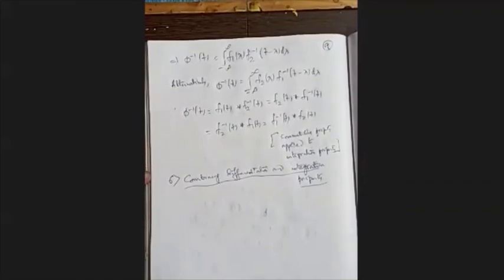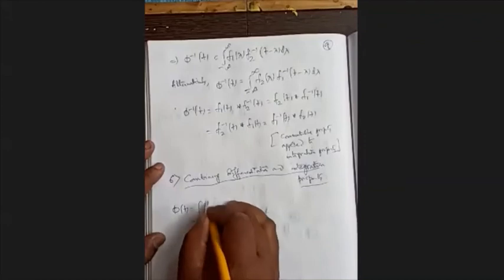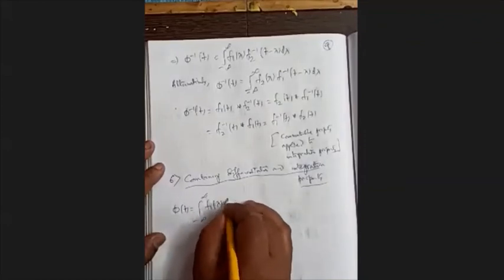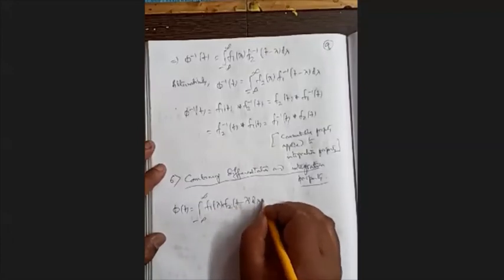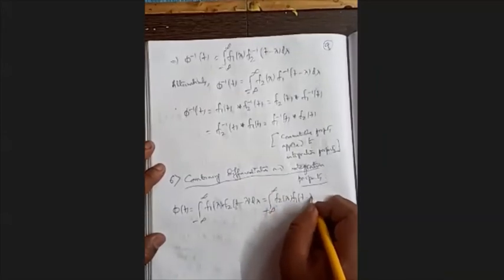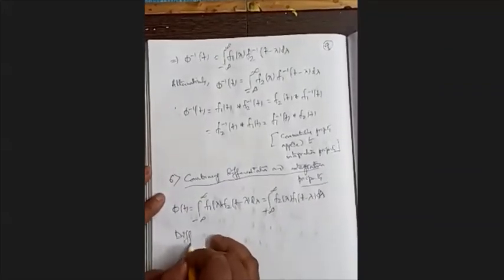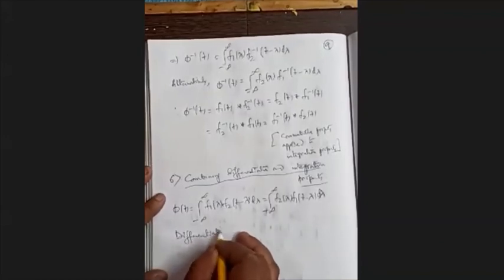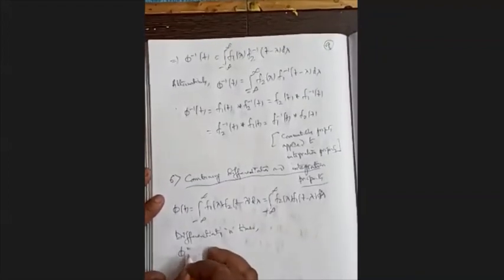Here, now phi t equals the integral of f1 lambda f2 t minus lambda d lambda, or f2 lambda f1 t minus lambda d lambda. Now we differentiate it n times. What will it be? Phi n of t, not the power.